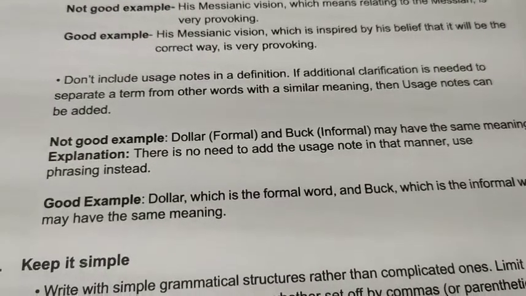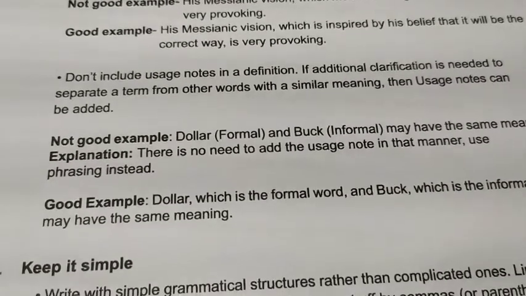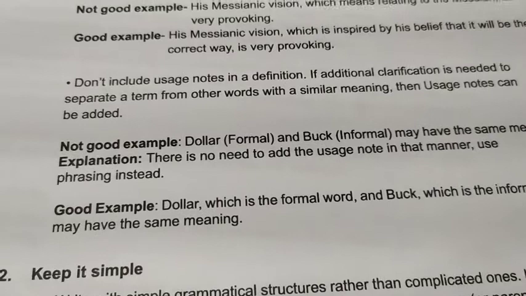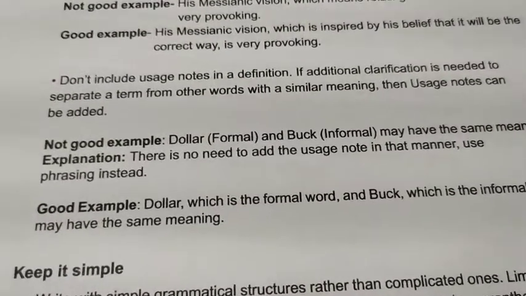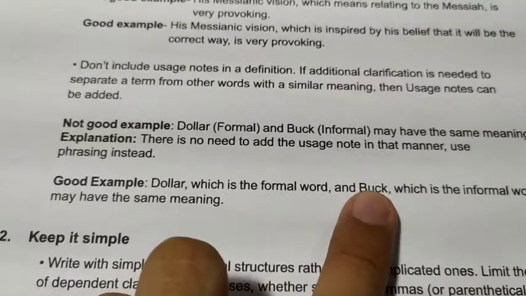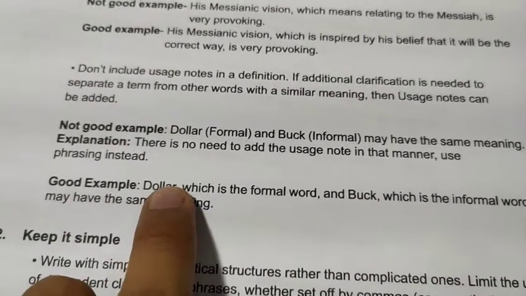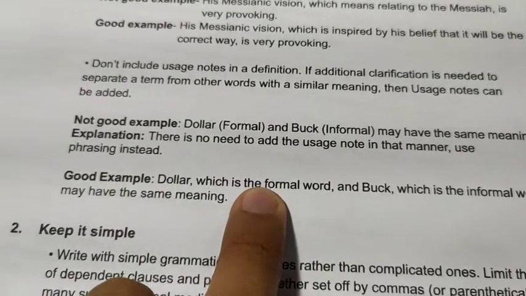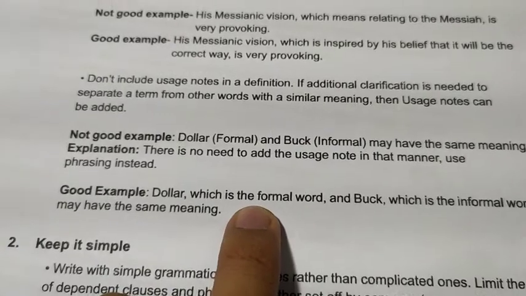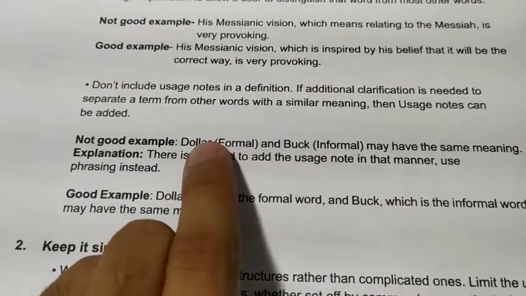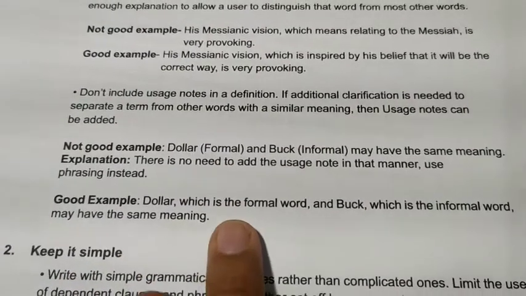Here we can really see that it's still understandable, however, it doesn't use correct grammar. If you compare dollar, which is the formal word, and buck, which is an informal word, may have the same meaning. Here, we can see that it is stated in a formal way. Also here, instead of using parentheses, you can use phrases.